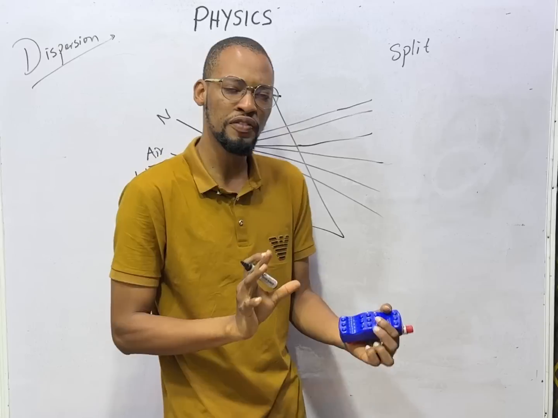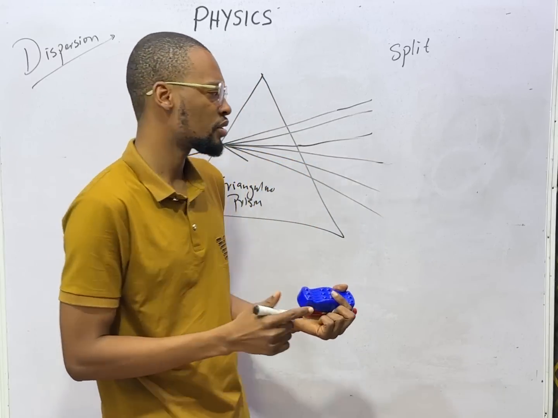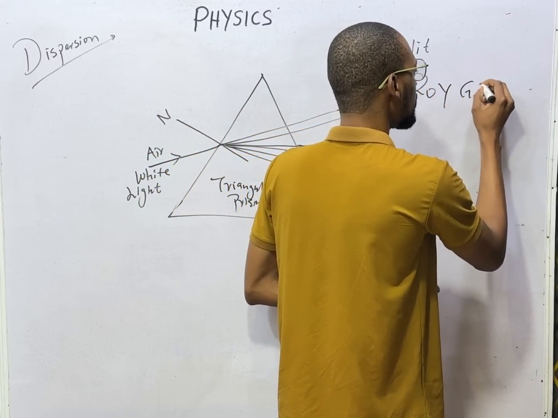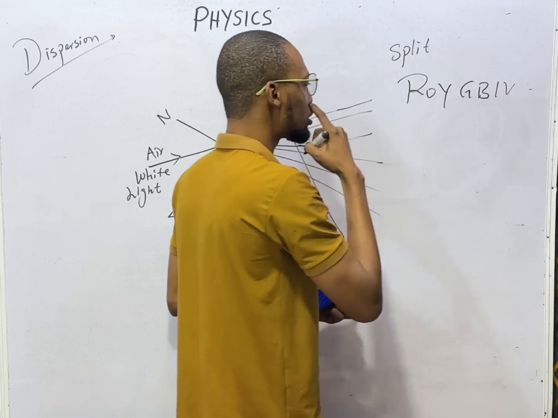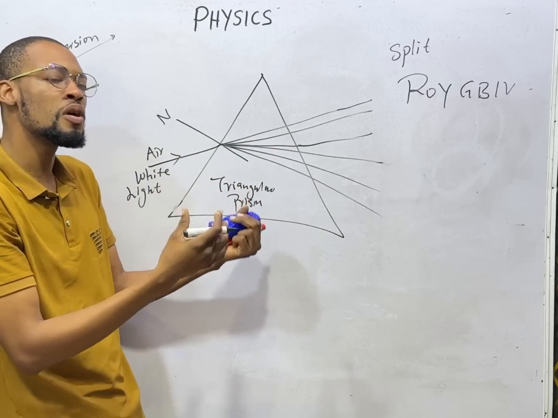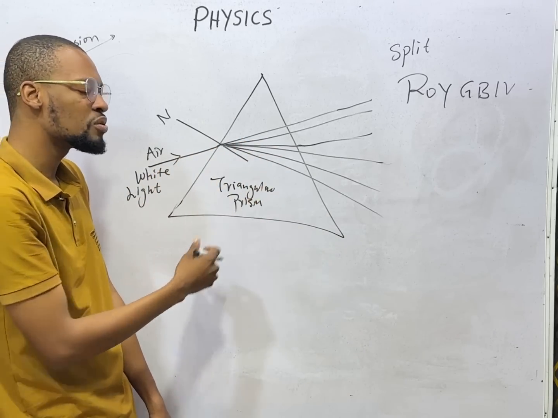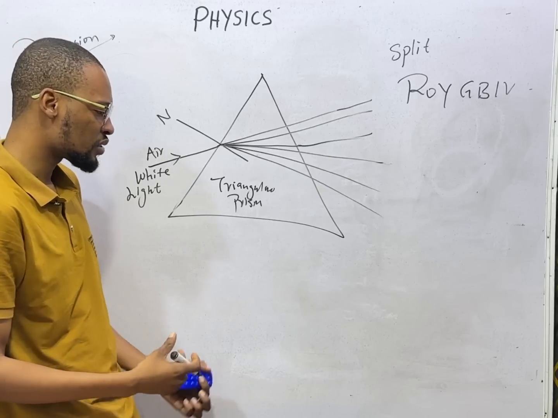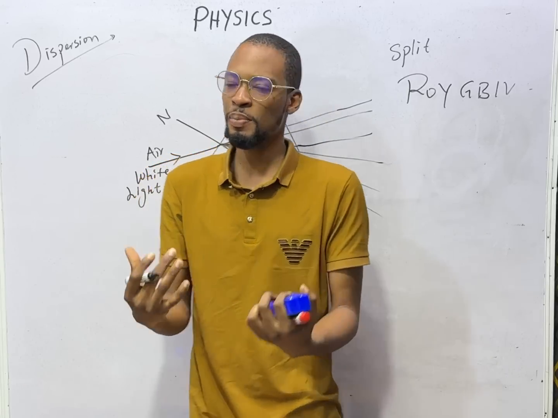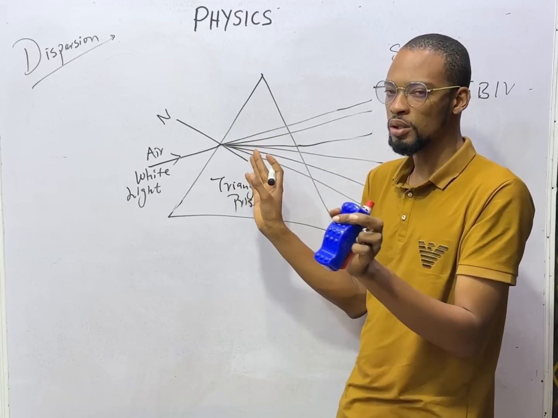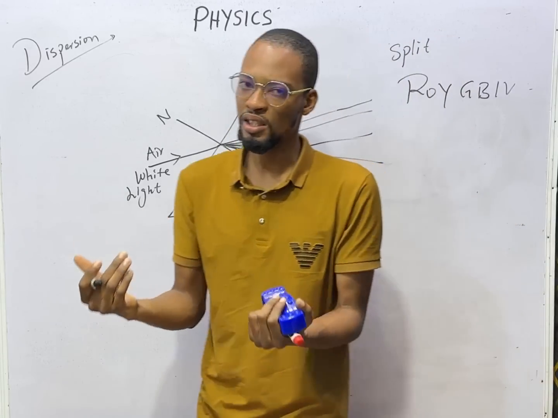And this is the short form for these colors: ROYGBIV, Roy G. Biv. This is the shortcut for the component colors that will be formed when white light passes through a triangular prism. In summary, when white light is passed through a triangular prism, the light splits into its component colors, and that is referred to as dispersion.